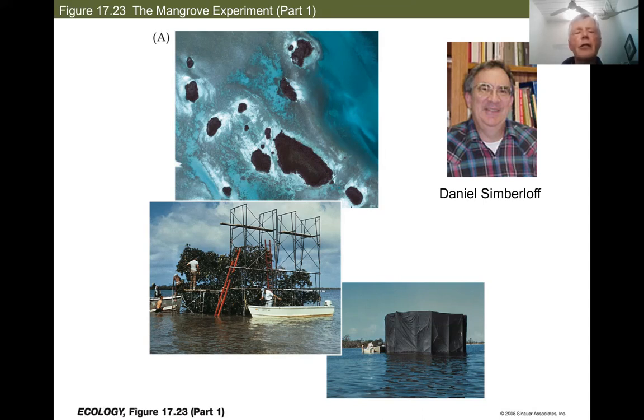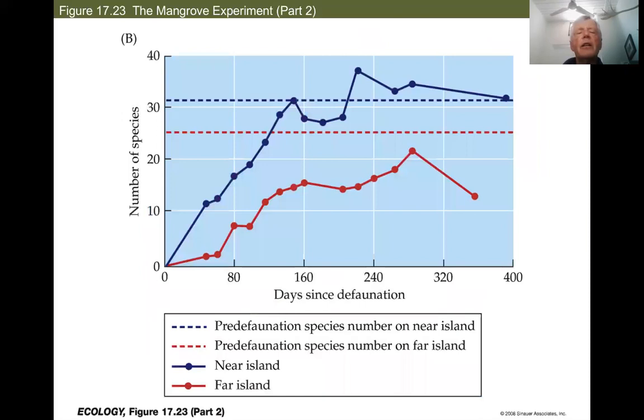Just like when you kill all the termites in your house, they killed all of the insects and spiders and all of these little teeny organisms on these islands, and they essentially created new uninhabited islands, and then they watched the rates at which these islands were recolonized by species. And here is a figure that shows the rate of colonization of the island that was closest.